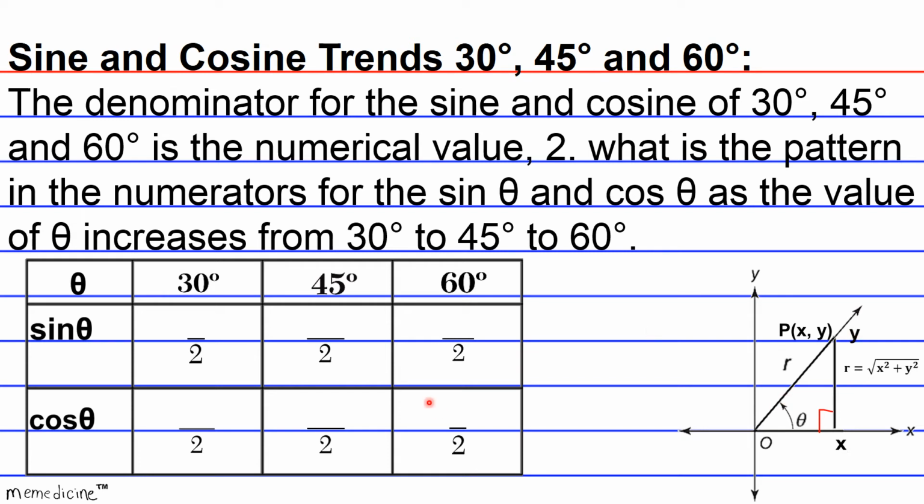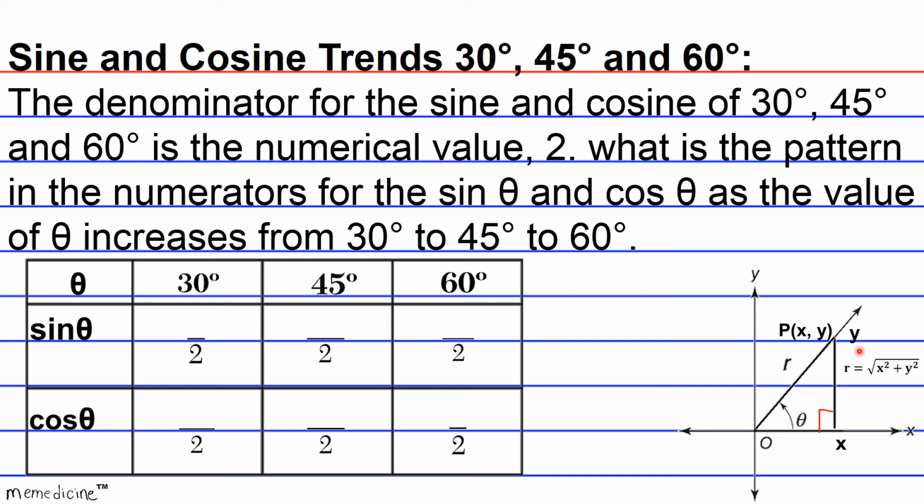And getting back to our original question, the sine and cosine values for 30 degrees, 45 degrees, and 60 degrees depend on the fractional ratios of the x-coordinate, because the x-coordinate corresponds to the adjacent side, which is used to figure out the cosine, and the fractional ratio of the y-coordinate.